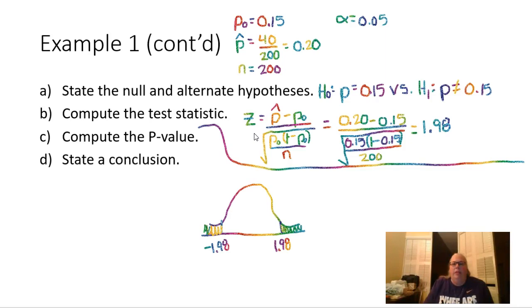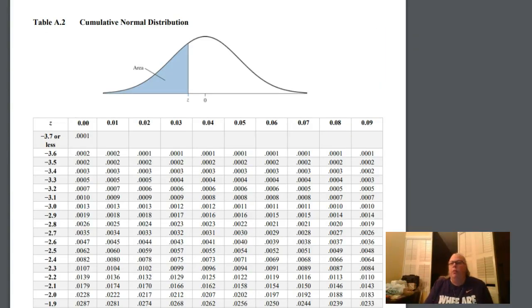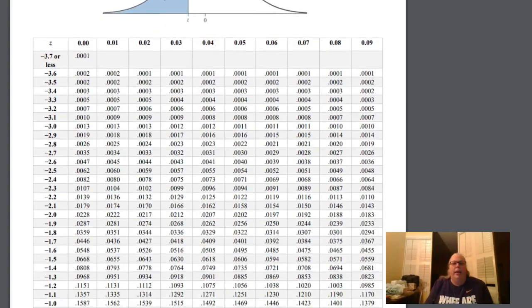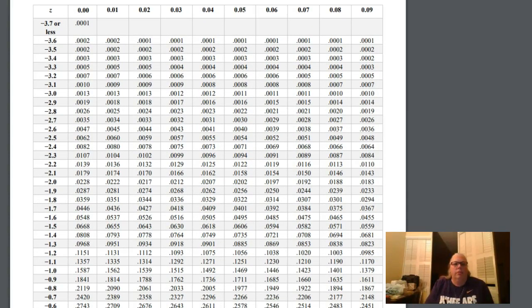So since table A2 gives me the area to the left, I'm going to use the negative 1.98, and as soon as I know what this area is, I'll automatically know what this one is as well. So let's pull up table A2, and we will be looking for negative 1.98. There's negative 1.9.